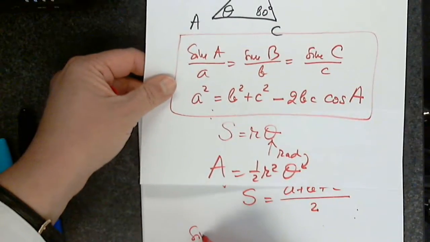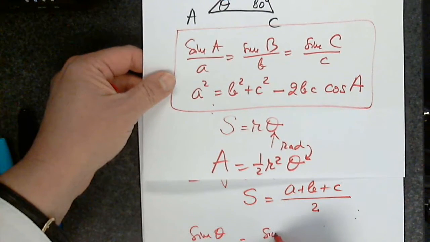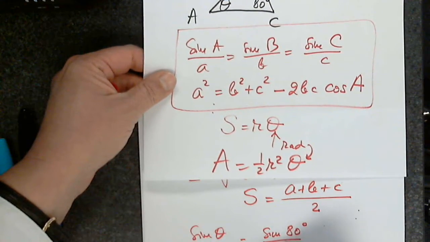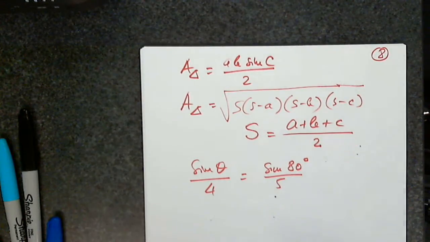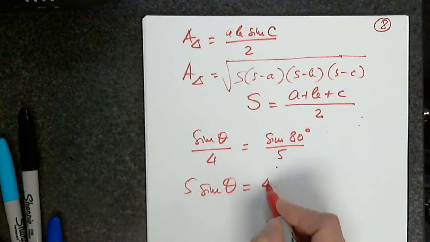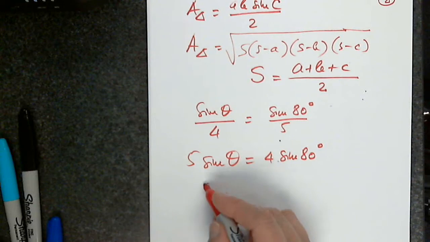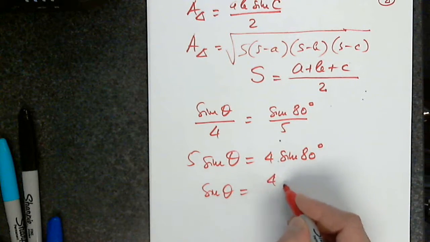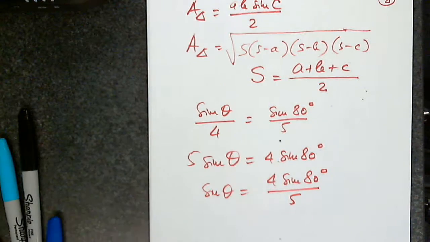So if I write sine theta divided by 4 equals sine 80 degrees divided by 5, I'm done, right? Because I will cross multiply. So I get 5 sine theta equals 4 sine 80 degrees, where sine theta equals 4 sine 80 degrees over 5.